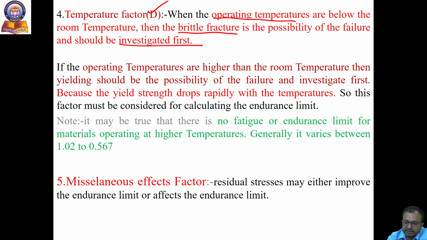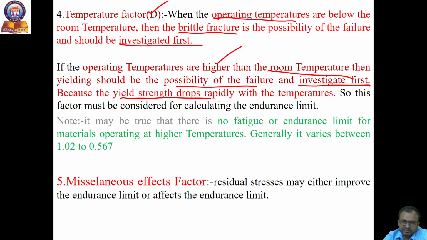If the operating temperature is higher than the room temperature, that is 27 degrees or 30 degrees centigrade, then yielding should be the possibility of failure. And yielding failure you require to investigate first, because the yield strength drops rapidly with the temperature.